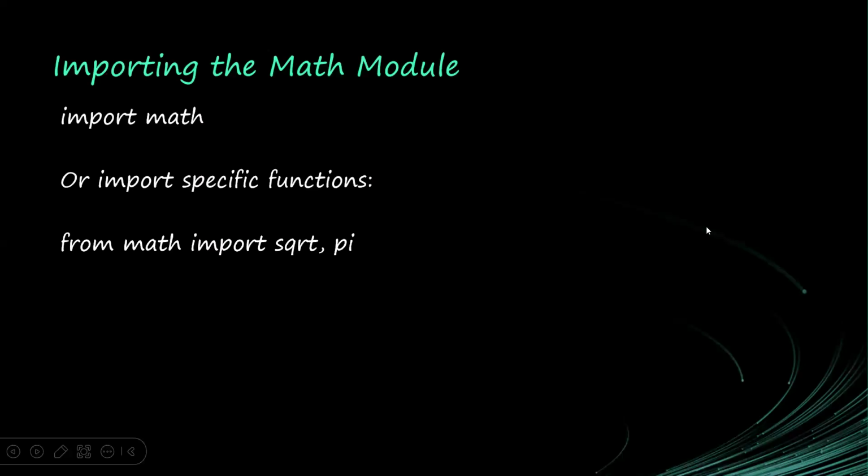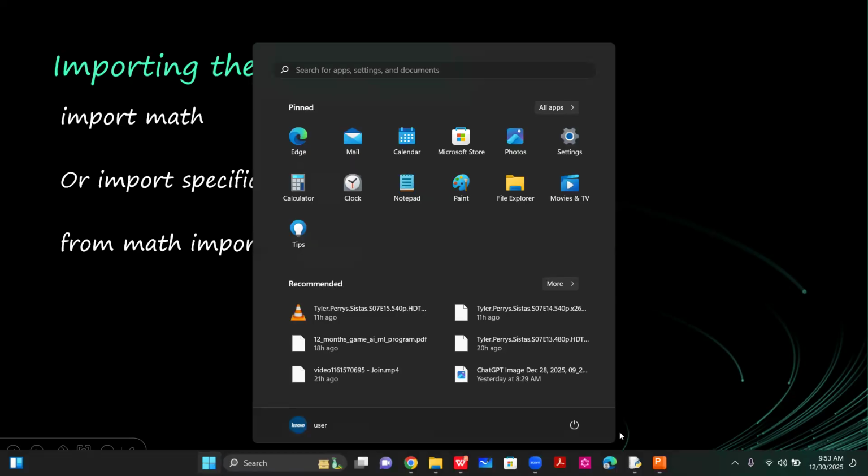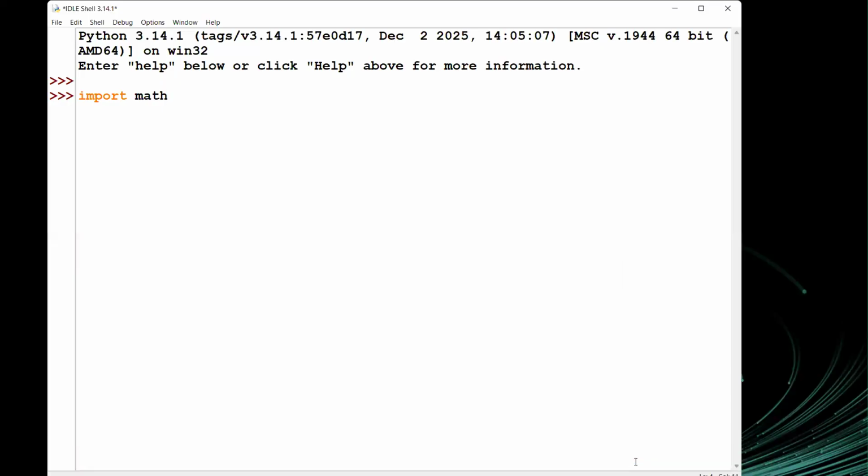Or if you're very sure of some of the functions that you want to use, you can also say from math import square root or pi. Now this is somewhat advanced because we have not talked about modules, and it could be confusing. Instead of saying import math, I can say from math import square root.